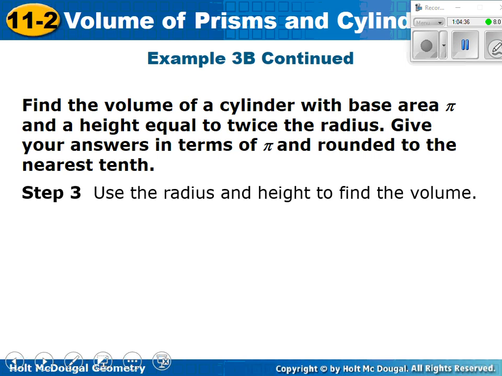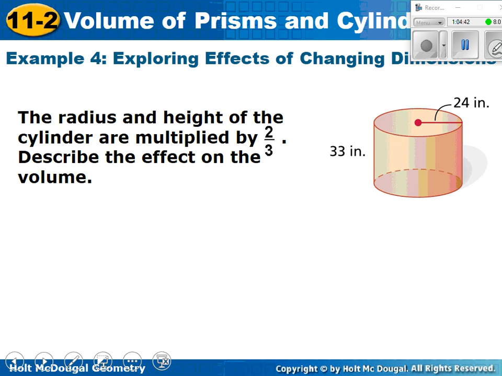So it says find the volume of a cylinder. Actually, that's the same one. Just kidding. How about this one? The radius and height of the cylinder are multiplied by 2/3. Describe the effect on the volume. So first of all, are we multiplying all dimensions? Let's look at the formula for volume.